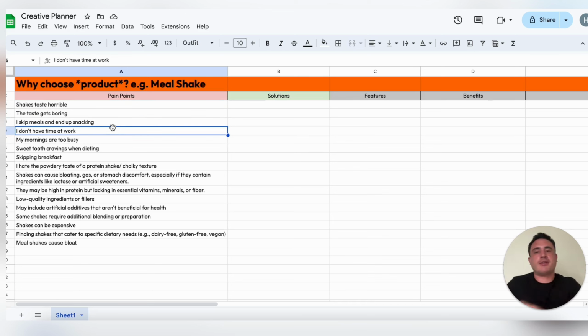But then we've also got other pain points which are not related to trying milkshakes before, but are pain points in their life that we then want to try and help. For example, skipping breakfast. Shakes can cause bloating, gas, or discomfort. That's when we can help. We've also got stuff like artificial, low quality ingredients. Shakes are expensive.